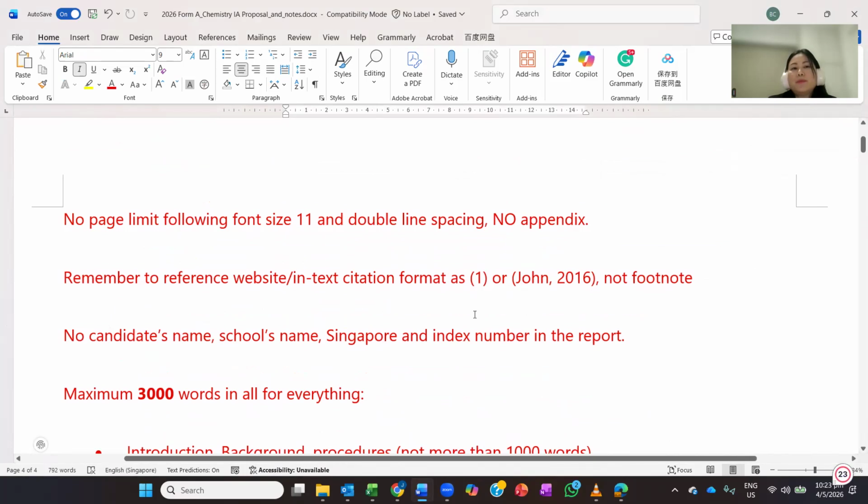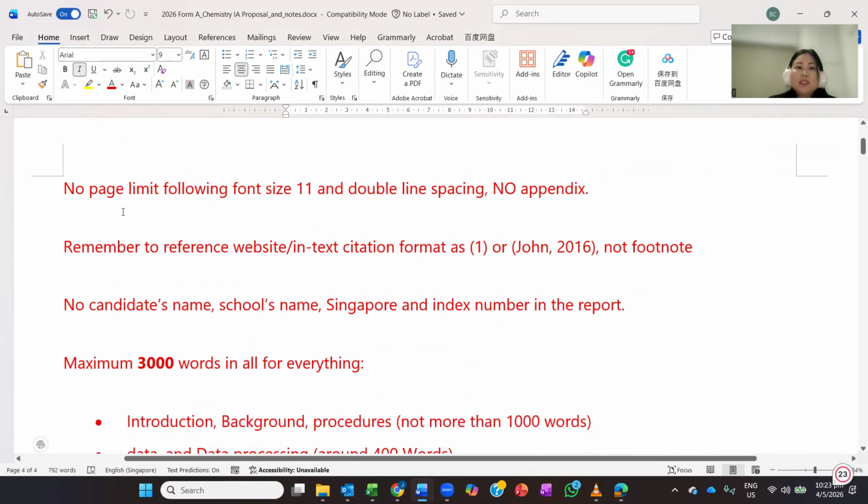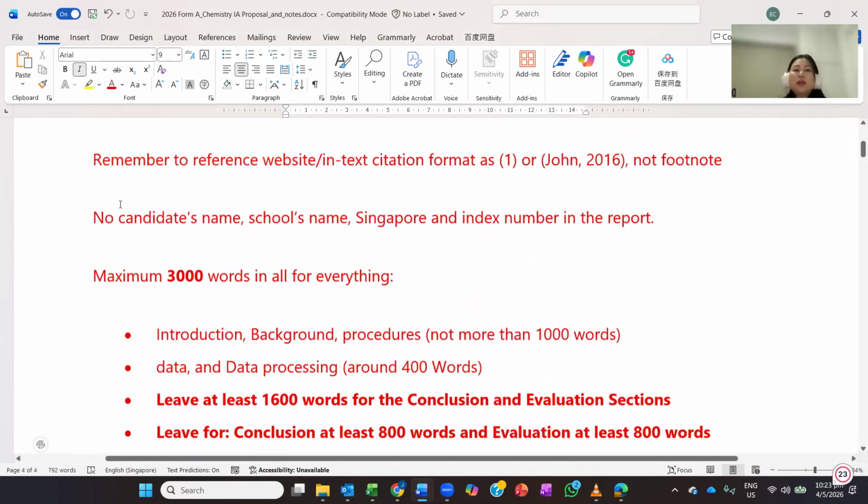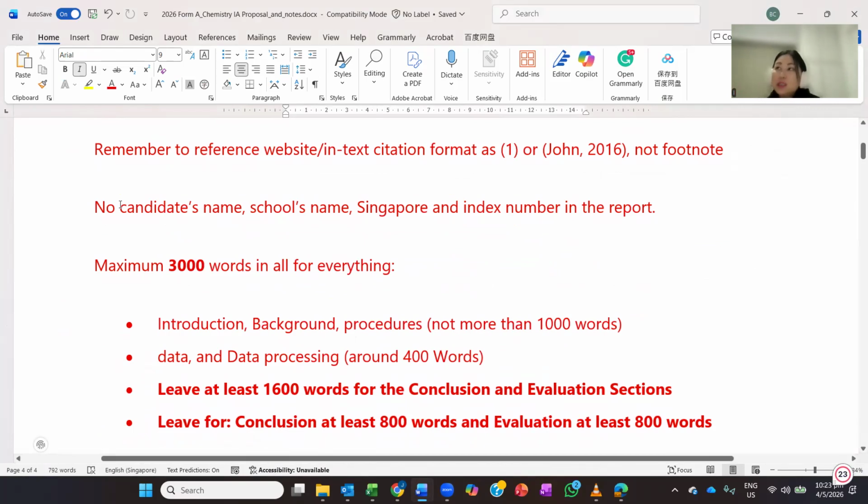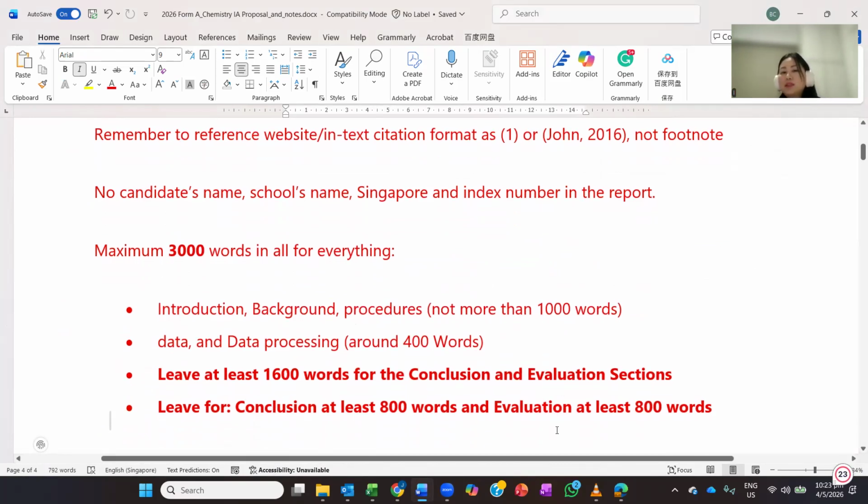Now, there is no page limit, but there is a word limit. All right, so just take note, the whole IA is 3,000 words. And that includes your introduction, background, procedures, your data processing, and your conclusion, evaluation. So from my past experience, students do not leave enough words for conclusion and evaluation.